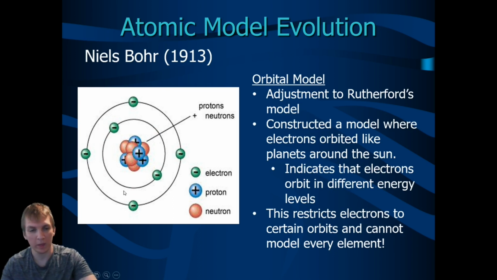And the further away you were from the nucleus, the higher your energy as an electron. All right, but this model, however, restricts electrons to certain orbits and cannot model every element. So that was the big downfall of this model. Okay, so the electrons, they are no longer in those intersecting paths. They are stuck on their energy levels going around in circles.